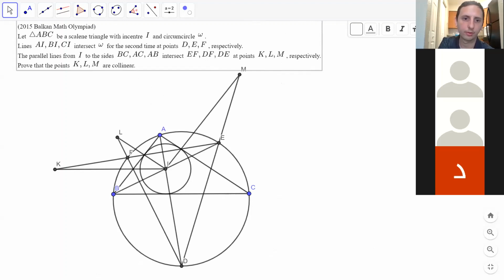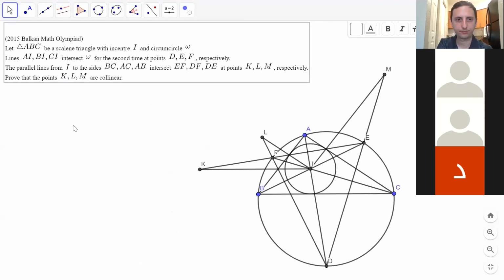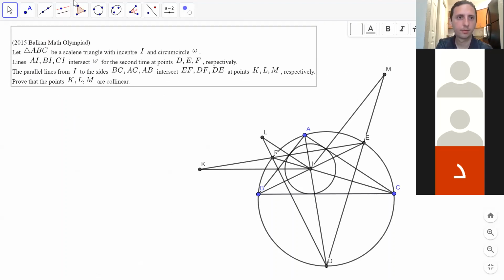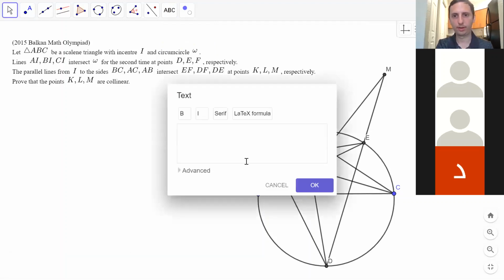I'll just draw those three. Okay. So I'm going to write it up. So AI and D are collinear.